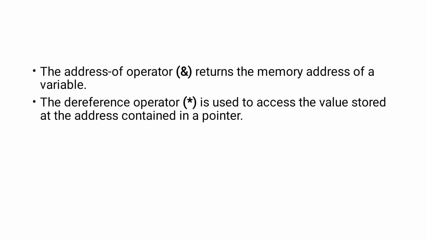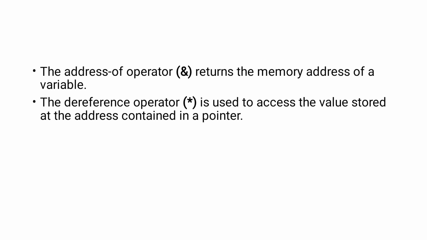So what are the different operators we are using with pointers? First one, the ampersand symbol, also called the address of operator. Its purpose is to return the memory address of a variable. And the second operator, the asterisk operator, is also called the dereference operator.